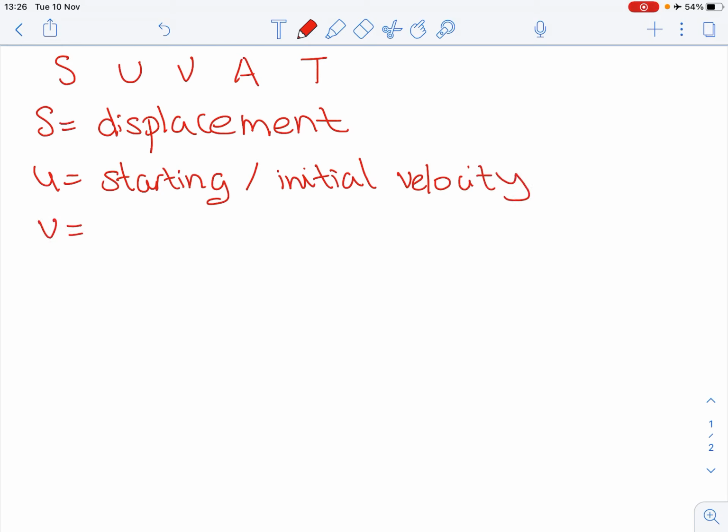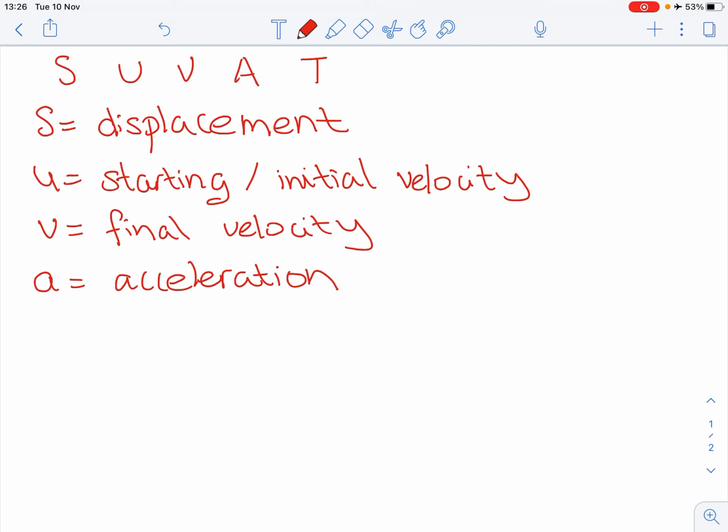V means final velocity. A means acceleration. And T just means time. So in mechanics, we're going to use formulas made from S, U, V, A, and T.